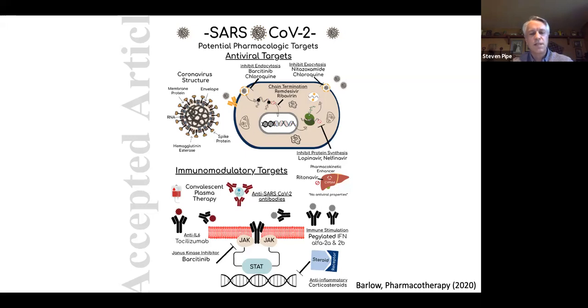What they're doing is taking advantage of people who've already been through the infection. They've got tons and tons of antibodies swimming around in their plasma. And so you can go to a facility, they will extract your plasma, and they are actually giving that plasma to patients who are very, very sick with the coronavirus, and it helps them catch up and get on top and hopefully fully recover.